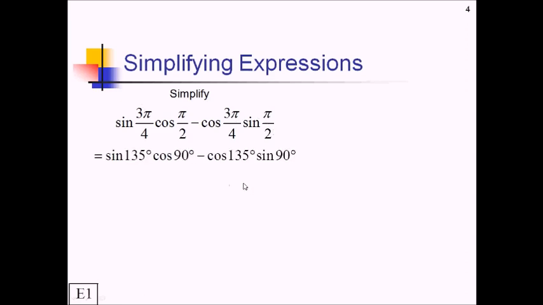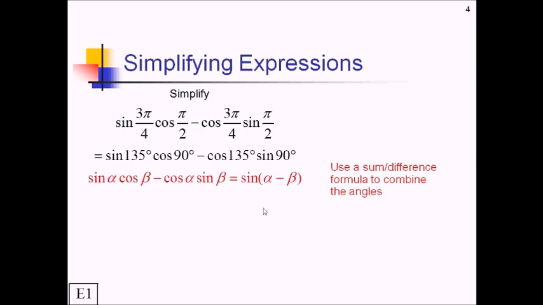Now we have to figure out which formula we're looking at the right half of. We have sine cosine minus cosine sine. So that is going to be the sine of a difference. So we have to use one of those formulas. And what this will allow us to do is say, oh, well, alpha is just 135.